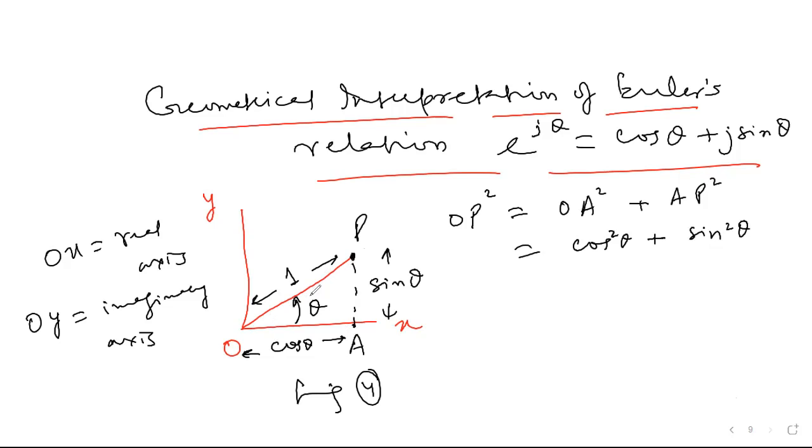So this vector is representing a complex number cos theta plus j sine theta, and cos theta is its x component, sine theta is its y component, right? So e raised power j theta, which is a complex number, is represented by a vector OP having length 1 and making angle theta with the x-axis as shown in this figure 4, right?